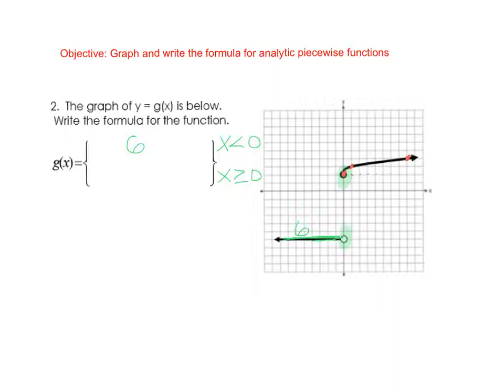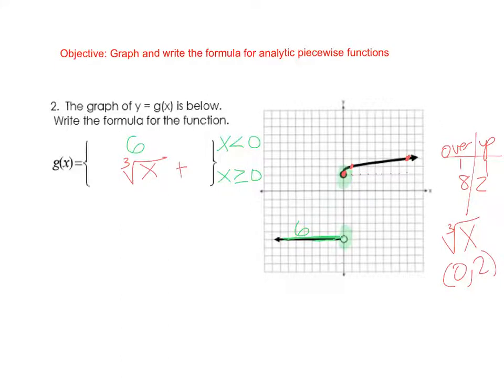So think about which function was over 1, up 1, over 8, up 2. That's the cubed root of x. The cubed root of 8 is 2. The cubed root of 1 is 1. So that bottom function is actually the cubed root of x. Okay, oh, wait, and I forgot the vertex. The vertex point is 0, 2. So then we've got to put our plus 2. Okay, and that's it. We're done.